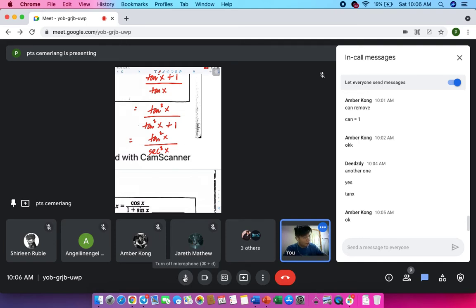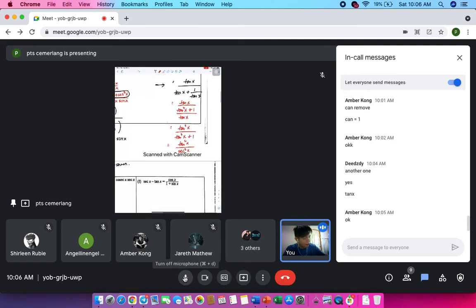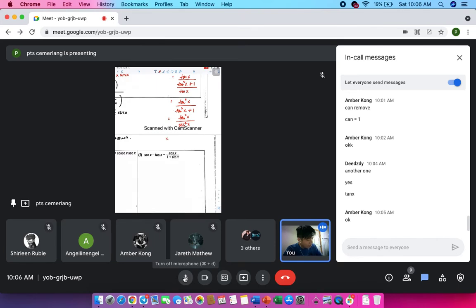Okay, but actually it's quite long, no, not that long, it's short. So over here, you can say that this one is sine square over cos square, and then divided by 1 over cos square.